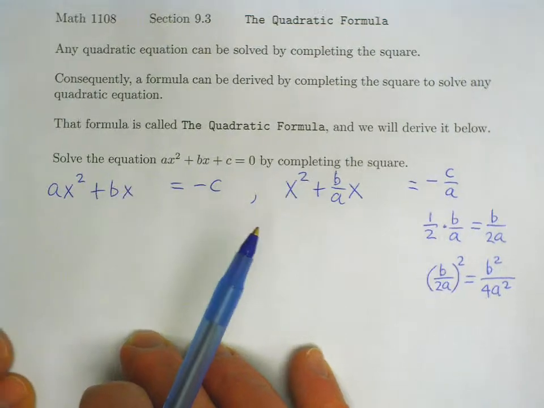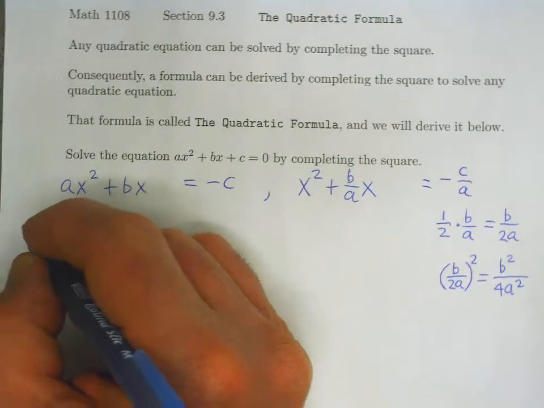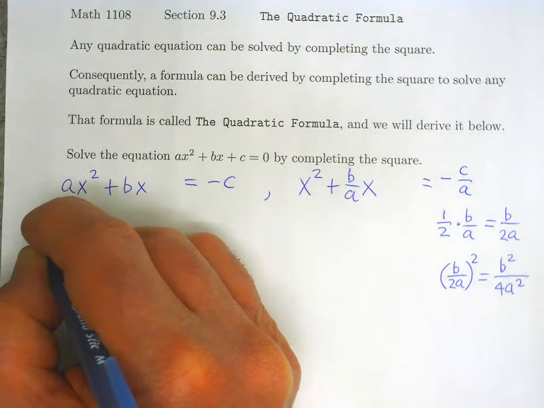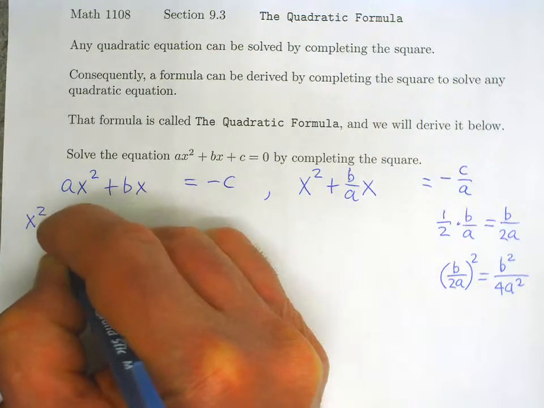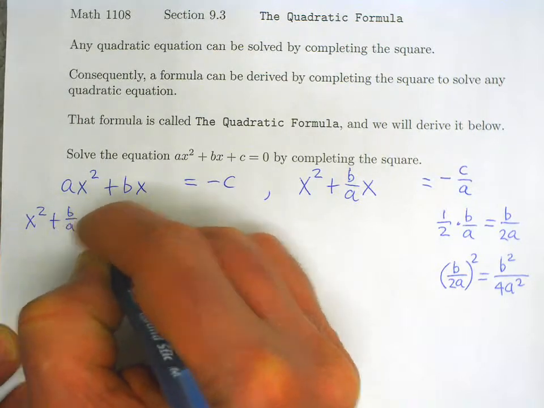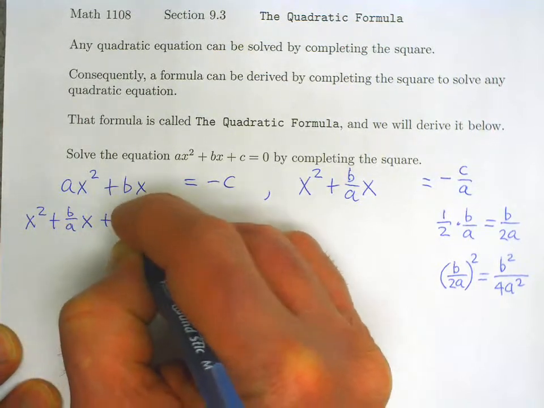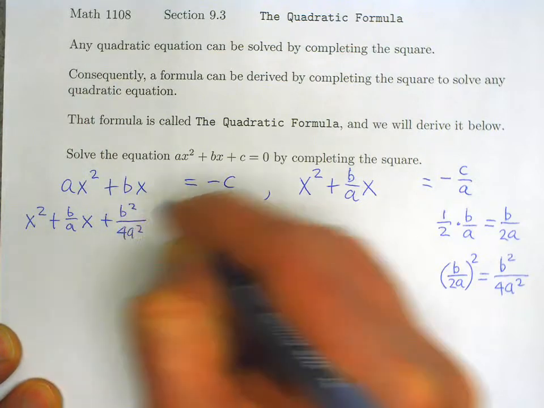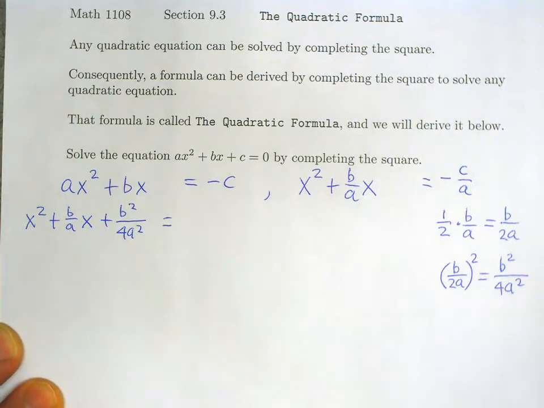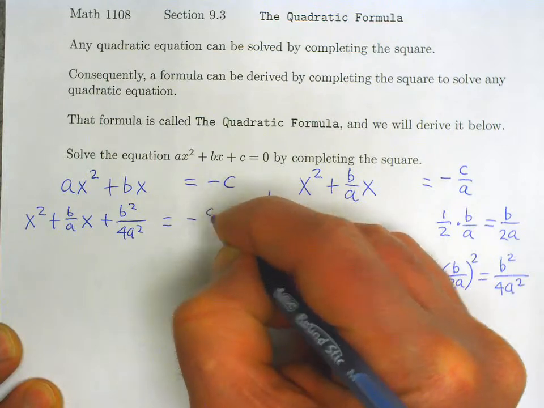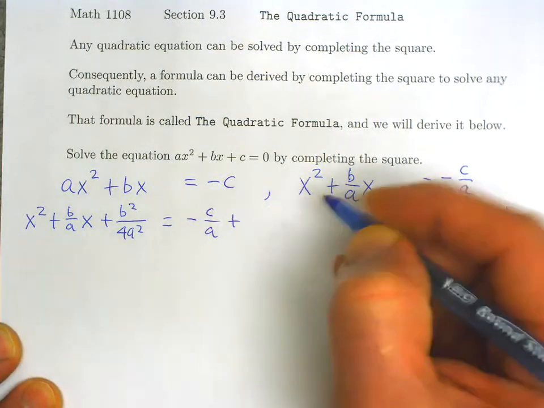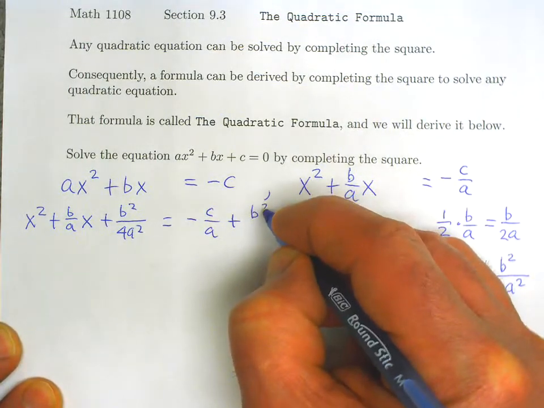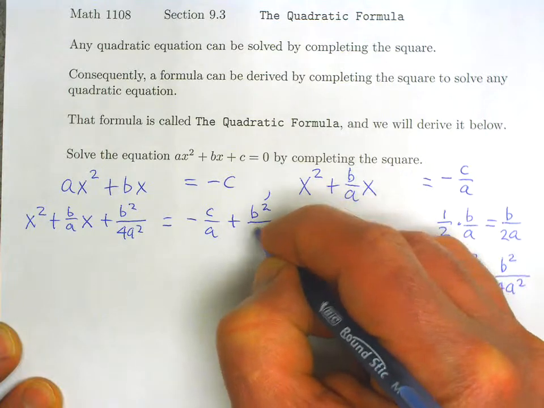So on the left-hand side, we have x squared plus b over a x plus b to the second over 4a to the second. And then on the right-hand side, we have negative c over a plus b to the second over 4a to the second.